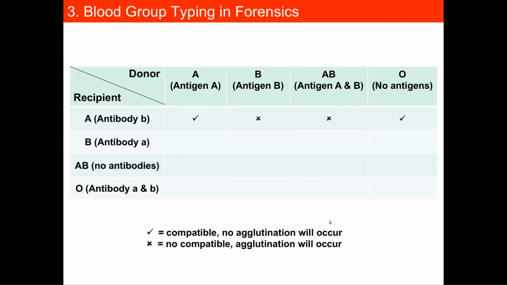If the recipient, the person receiving the blood from the donor, which is the top here, is blood group A, and blood group A donates to blood group A, both of them have antibody B. Can antibody B bind to antigen A?